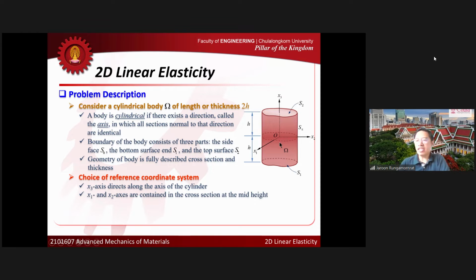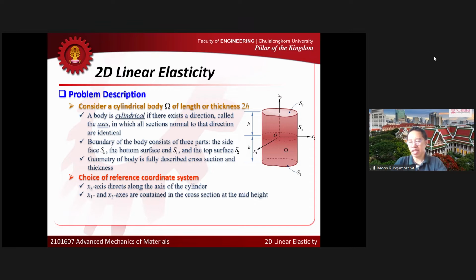I don't have any specific preference for the direction of X1 and X2, but they have to be perpendicular to each other. The direction can be arbitrary. This is different from the previous case, because in Saint Venant problems, I chose X1 and X2 to lie along the principal directions of the cross section.